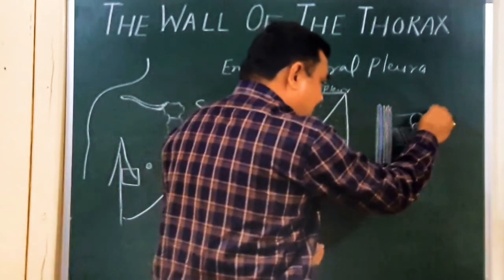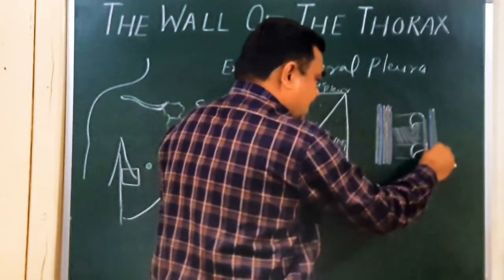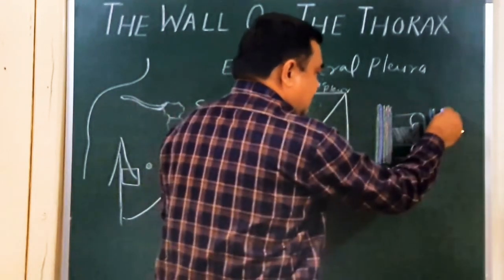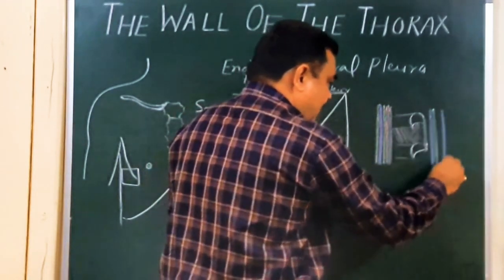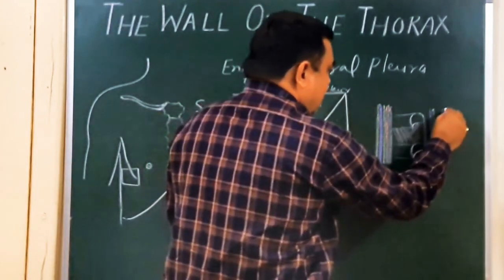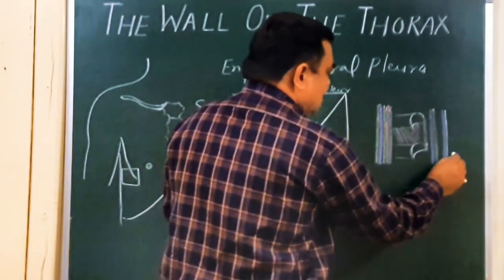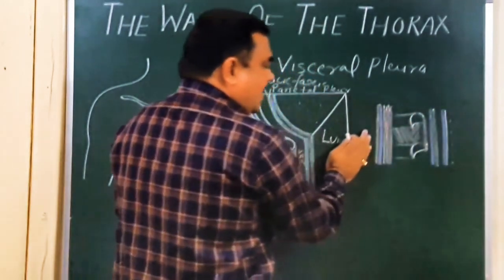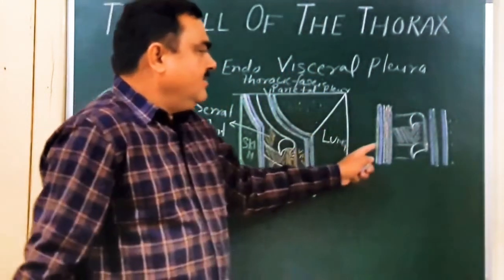Then there is parietal pleura, which is attached with this. Then there is visceral pleura. Then there is lung tissue. So this is the structure from outer side to inner side in the simplest way.